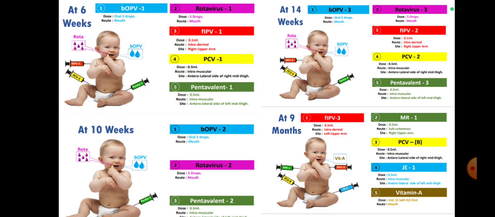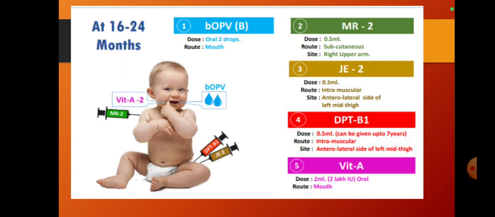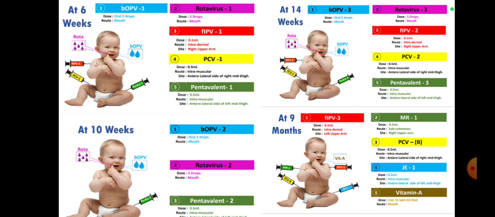PCV booster 0.5 ml intramuscular anterolateral side of right mid-thigh and the JE first dose, that is 0.5 ml intramuscular anterolateral side of the left mid-thigh. And the vitamin A, that is 1 ml, 1 lakh international unit by oral.